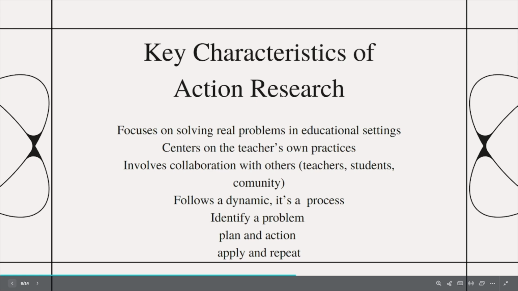Unlike traditional research, action research is mainly shared with the educational community. Teachers share their results with colleagues and school leaders, so the findings can be used immediately to improve practice. The next slide, please.